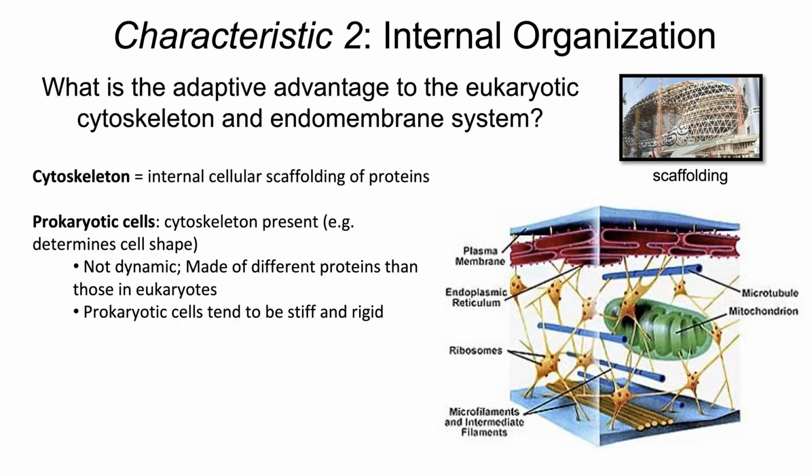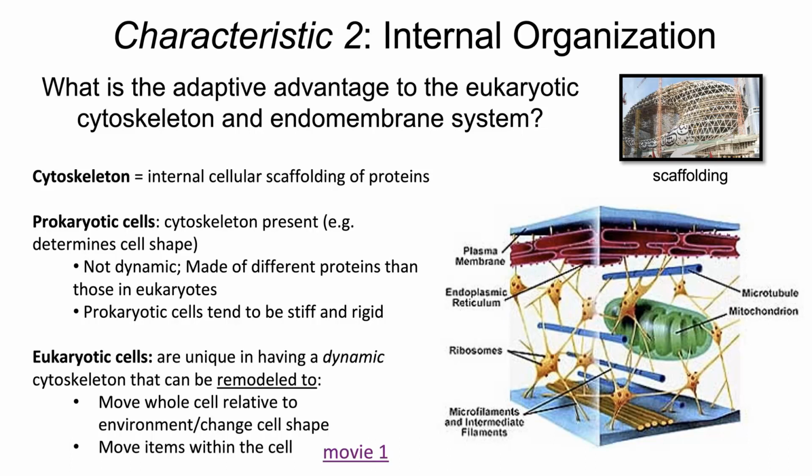And because of this, prokaryotic cells tend to be really stiff and rigid. On the other hand, eukaryotic cells are very unique in that they have a very dynamic cytoskeleton that can be remodeled and moved around. And because it can be remodeled and moved around, that enables the whole cell of eukaryotic cells to move around relative to the environment.